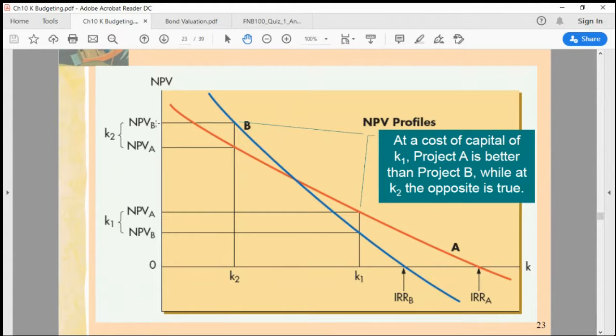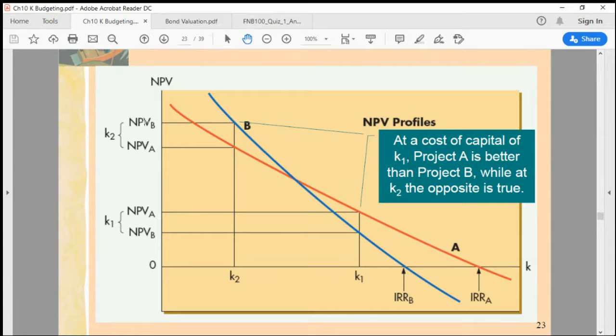Project B's net present value is higher than project A's net present value. So internal rate of return and net present value give conflicting results. So what do you do then? Then you go by net present value.